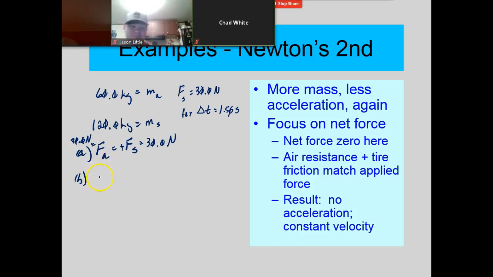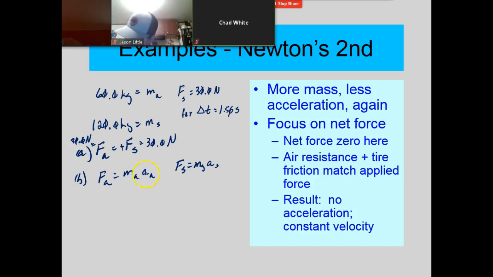Well, let's get our basic formula down. Force on the astronaut is equal to the mass of the astronaut times acceleration of the astronaut. The force on the spacecraft is equal to the mass of the spacecraft times the acceleration of the spacecraft.